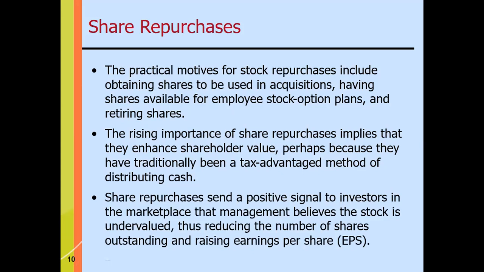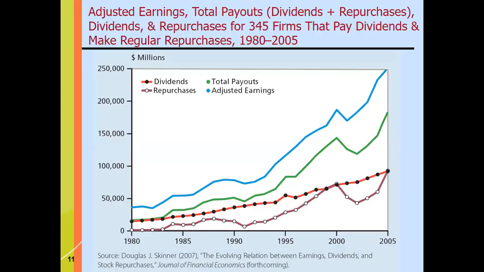So there has to be more value in the shares. And then this would reduce the number of shares outstanding and raise earnings per share, because earnings per share is basically the earnings available for common shareholders divided by the number of shares outstanding for the common shareholders. Now we can see here that the adjusted earnings in blue increased.